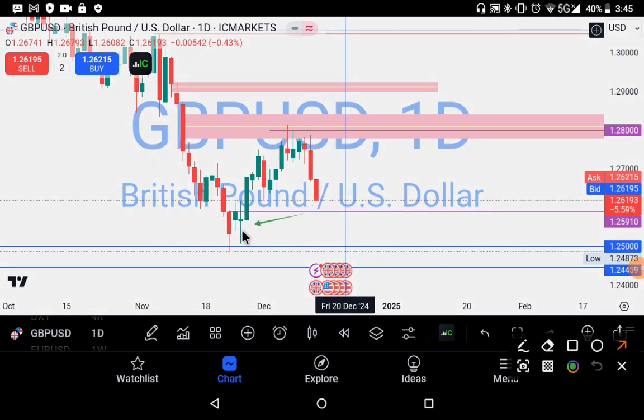The moment the market price is able to take the mean threshold of this order block, then I'll be interested in 1.25 thousand. Until the market opens and I see how it reacts to this order block, I'll stick to my previous week's bias. But if that level has been taken, I'll be going for 1.25 thousand.